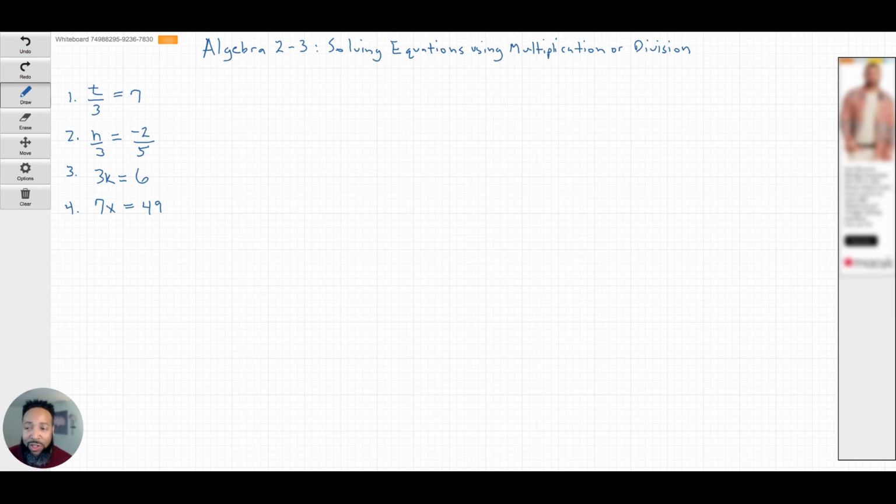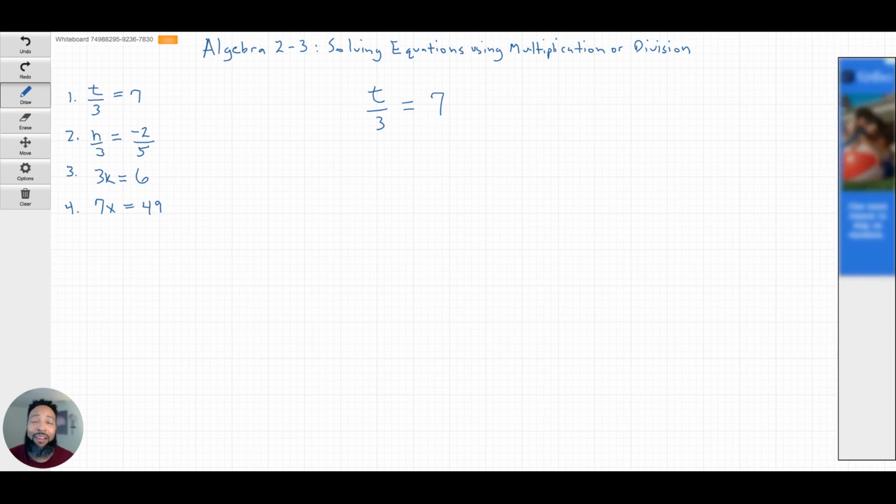So this first equation, t divided by 3 equals 7. So let's write that down. T divided by 3 equals 7. Now, you're going to hear me say this a lot in a lot of videos, and I'm just telling you, if you listen to me, this is what's going to help you get confident when it comes to math. You have to write the problem down every single time.